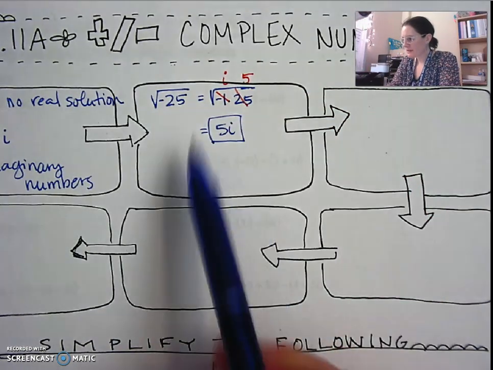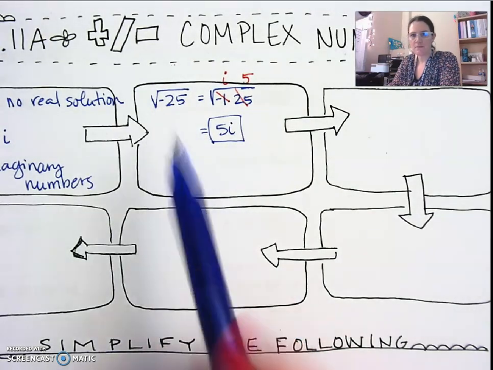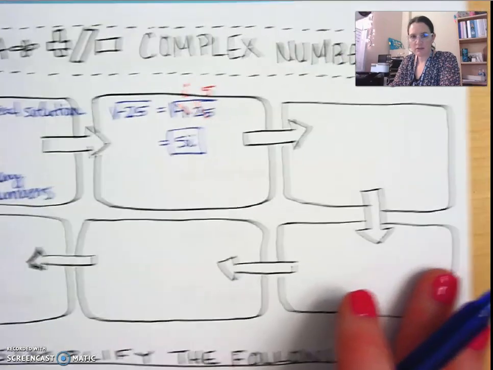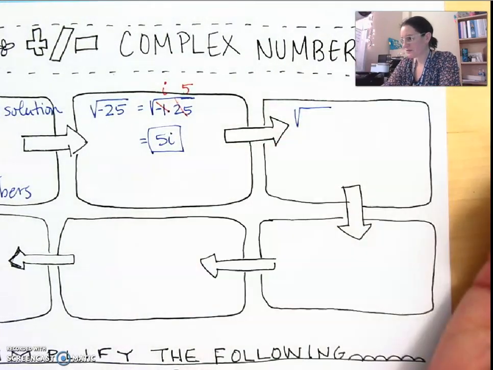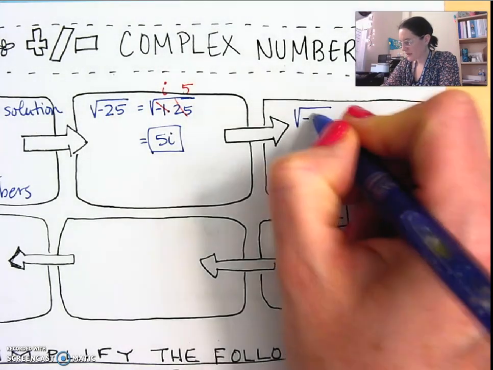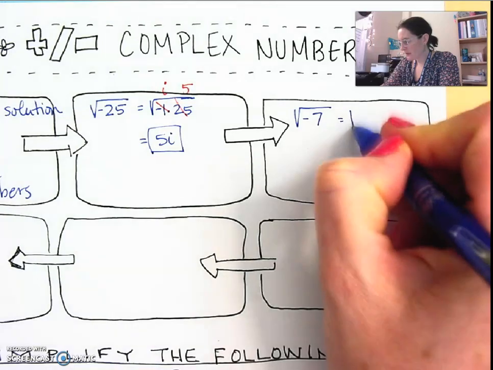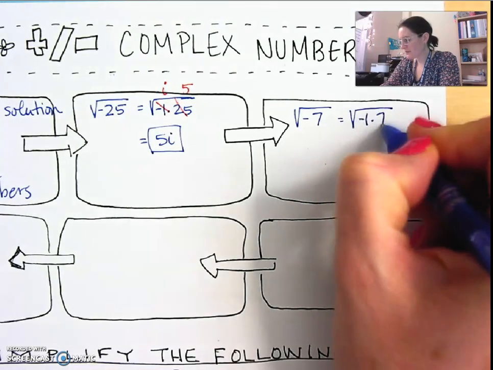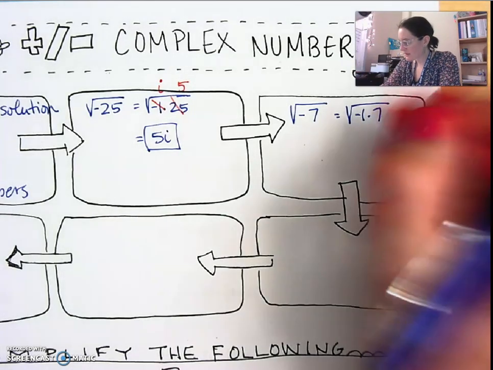Okay, so that's an example of a radical that's a perfect square with a negative inside. So here's one where you don't have something that can be simplified. So square root of -7. Again, I'm going to rewrite that as -1 times 7. The 7 can't factor or simplify, but the -1 can.